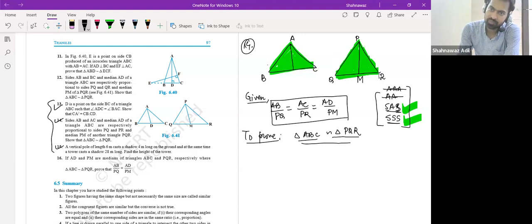So for SAS, we need to prove this angle and this angle, which would be difficult. So let us discard this one also. So for this one, we need BC by QR, right? AB, PQ we have, AC, PR we have, and the third, if I have BC and QR, then all is done.